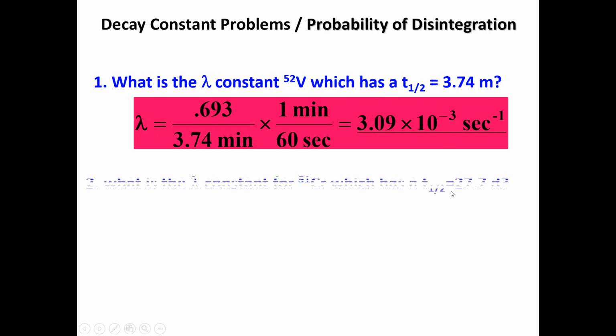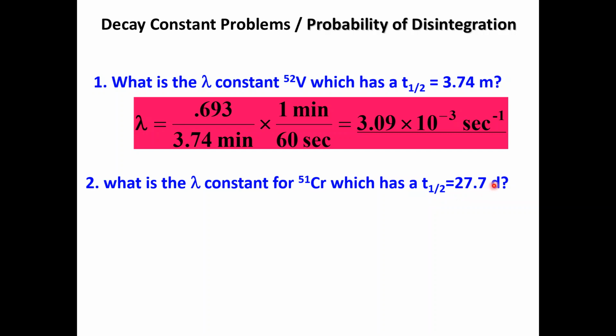The second problem is for chromium 51. We are asked what is the decay constant for chromium 51, which has a half-life equal to 27.7 days.